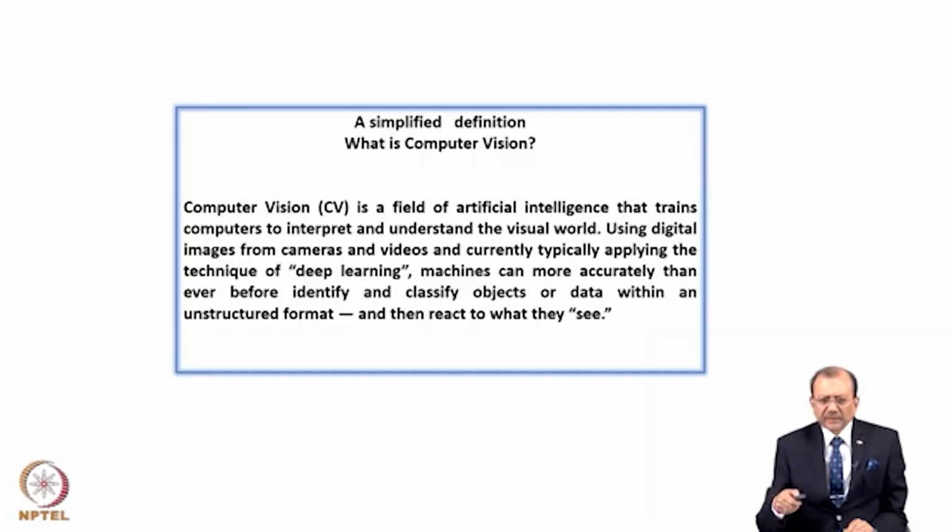Why are we using the term deep learning here? As we learned in our previous lecture, deep learning is very near to neural networks, how our brain functions. That is the technology built into computer vision systems. That's why we say computer vision systems are both the eye and the brain of the computer. They work like the eye and brain of the computer.